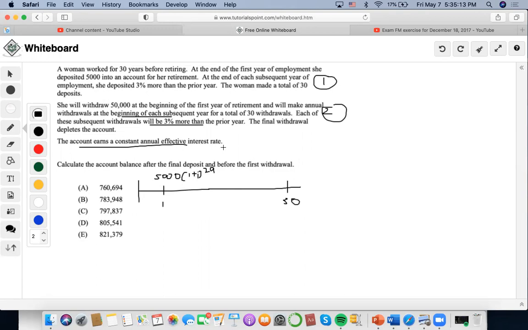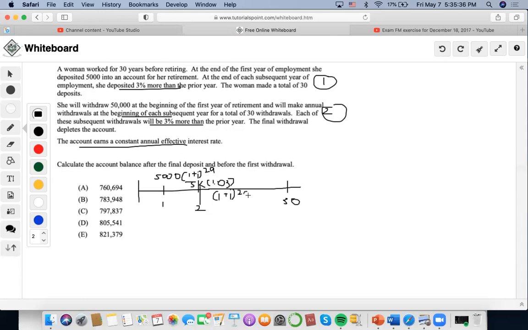So that's the first deposit. Second, it says that she deposited 3% more than the prior year. So that would mean that in year 2, it would be 5,000 times 1.03, since it's 3% more than the previous, times 1 plus i to the 28, right?